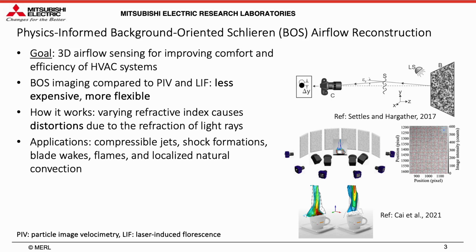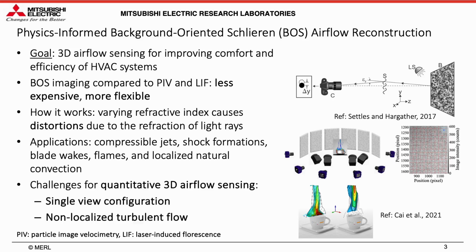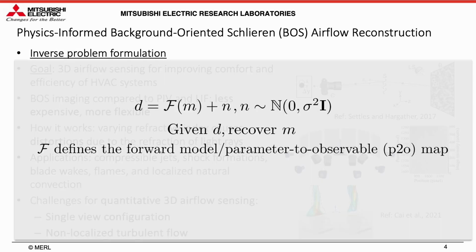This has had several applications in physics, and there's also been some other toy examples for a similar type of BOSS setup where the convection flow above an espresso cup has been reconstructed using multiple cameras. In our setup, the challenge is that we want to perform quantitative 3D airflow sensing from just one single camera view, and in the presence of non-localized turbulent flows.